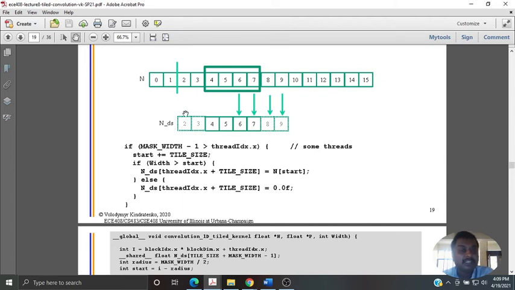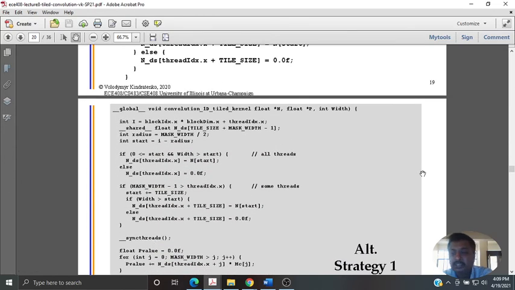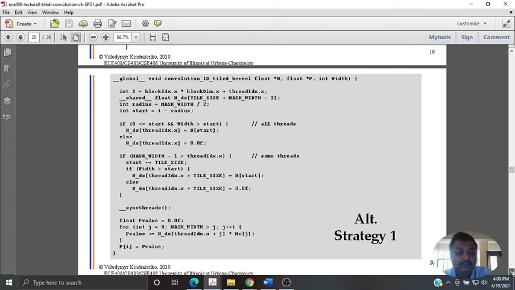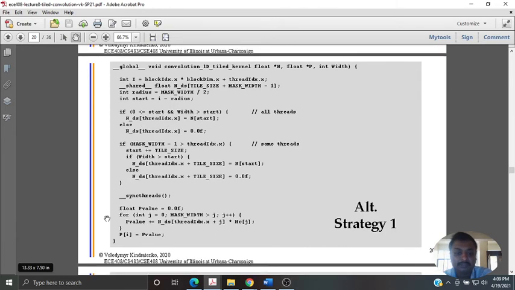But the rough idea is, you are loading the left elements, then right elements or the overlapped elements along with the remaining numbers as such. Once everything has been loaded, you make a sync threads. After sync threads, you call the same kernel, or basically what it was to compute that one dimensional convolution as such. Still we are into one dimensional convolutions, whatever we are dealing with.